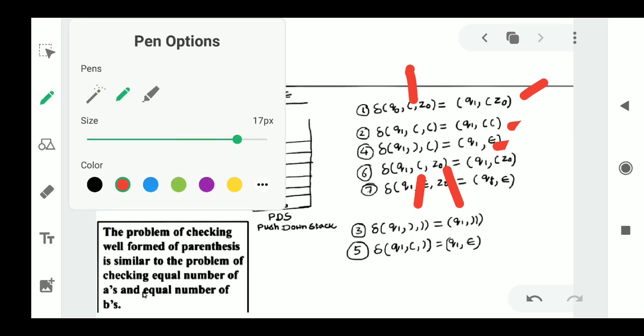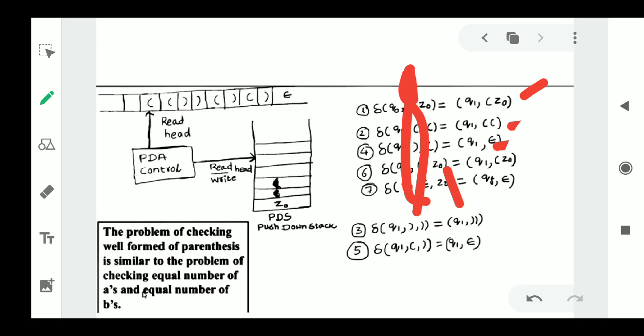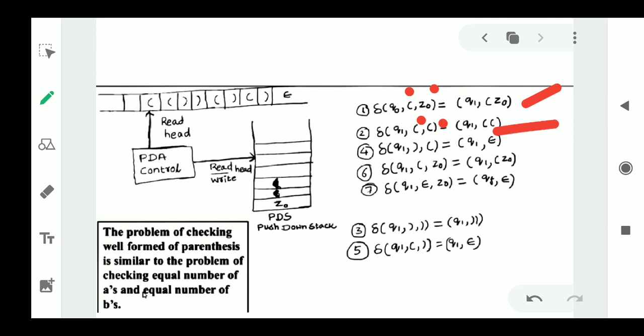So please observe the sequence of steps here. In the first step, if the input symbol is a left parenthesis and the top of the stack is Z0, we will push. Second, again there is a chance of getting a left parenthesis, and the top of the stack is a left parenthesis, just push that also into the stack.